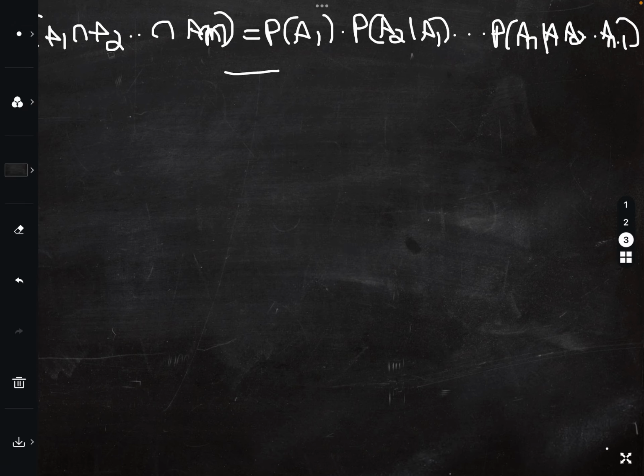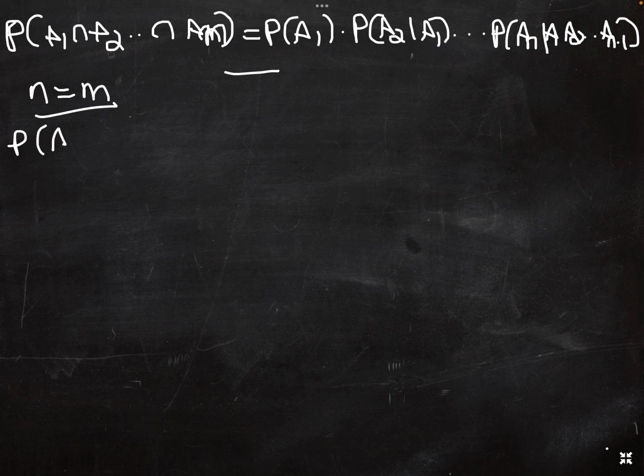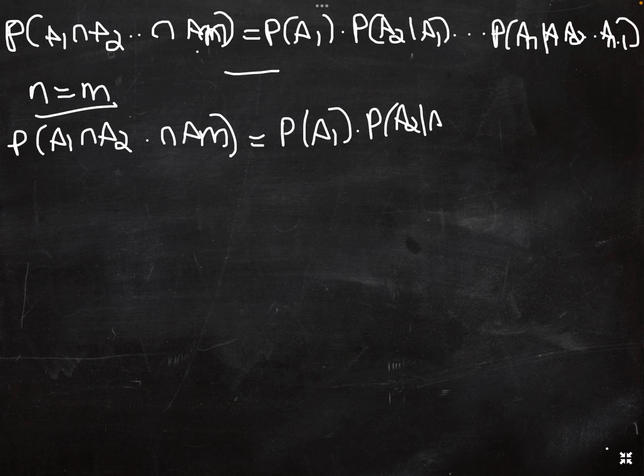That is, P of A1 intersection A2 etc. intersection Am is equal to P of A1 into P of A2 given A1 etc. P of Am given A1, A2 etc. Am minus 1, where A1, A2 etc. Am minus 1 means A1 intersection A2 intersection etc. intersection Am minus 1.